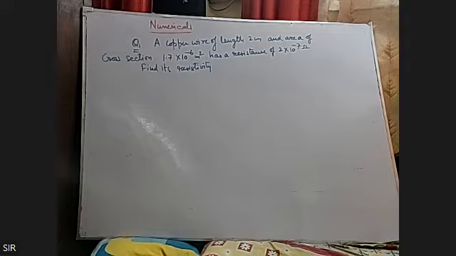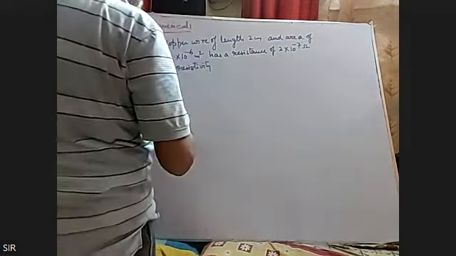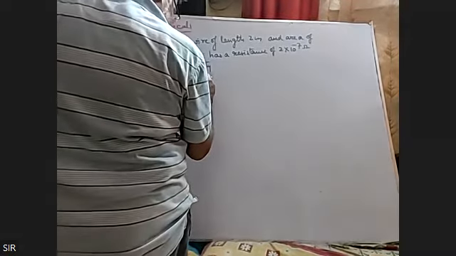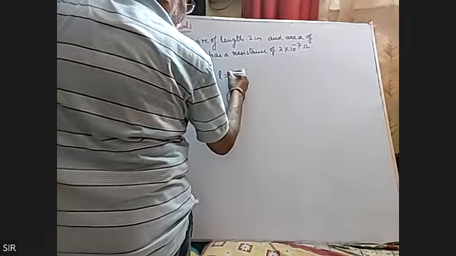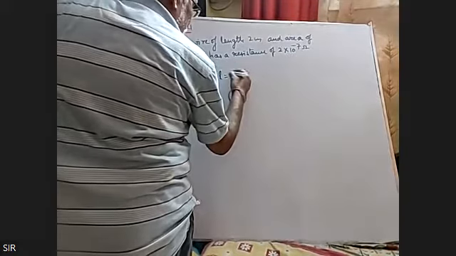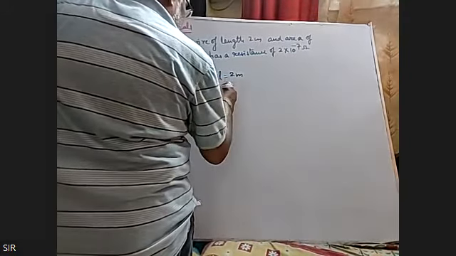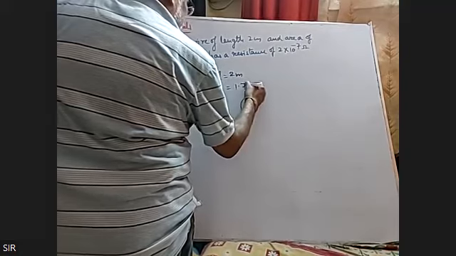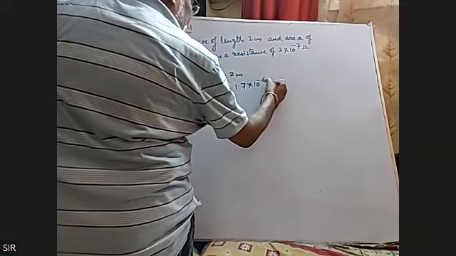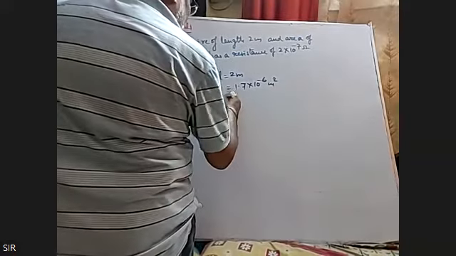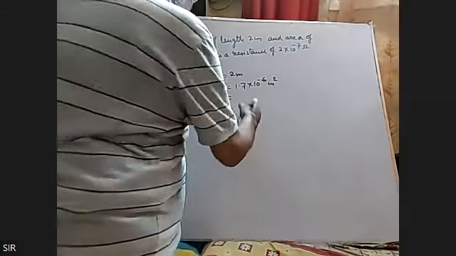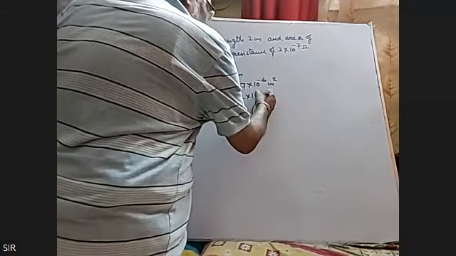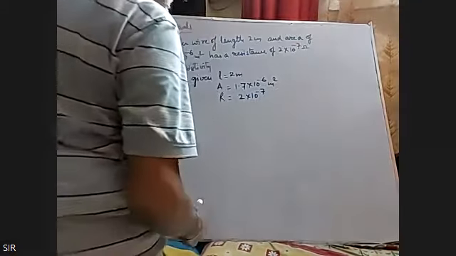No, Gauri, the power is wrong. There's something wrong. See, we do these questions like this. Given: L is equal to 2 meter. A is equal to 1.7 into 10 to the power minus 6 meter square. R is equal to 2 into 10 to the power minus 7 ohm.